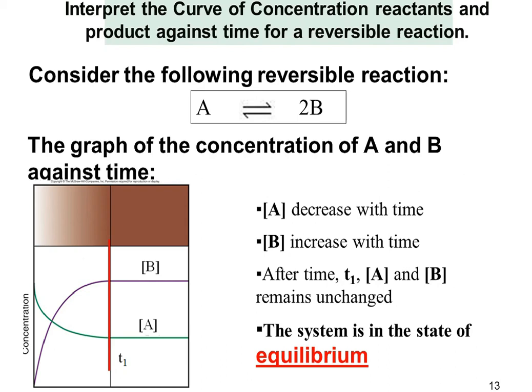According to the graph, initially the concentration of A will decrease with time, and at the same time B will increase with time too. After time t1, the concentrations of A and B remain unchanged. At this time, the system is in a state of equilibrium.